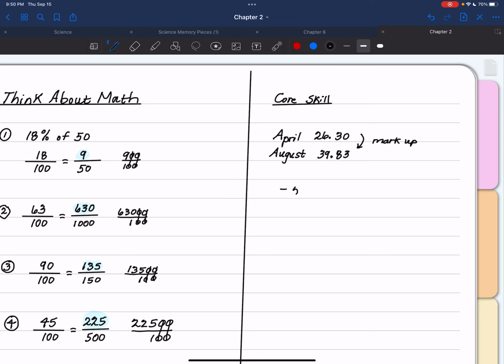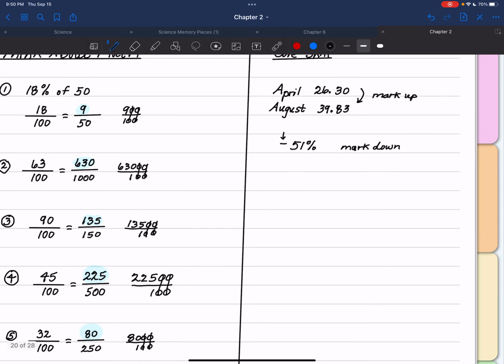But negative 51% suggests that it was a markdown. So that doesn't match up. The actual numbers in the bill went up. So the negative sign is not correct. There was not a marking down, there was an increase from April to August.